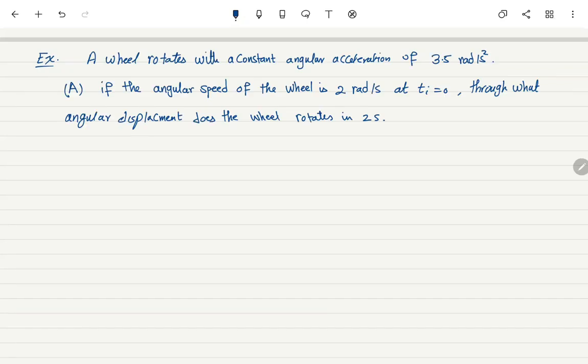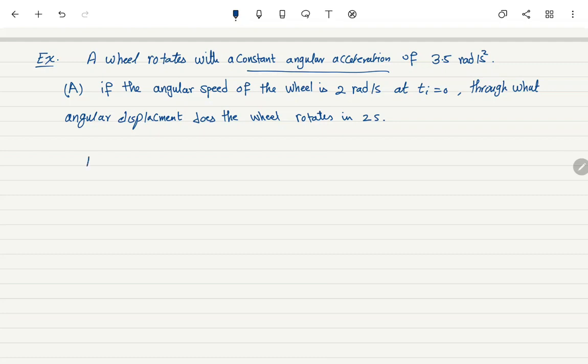Example: a wheel rotates with a constant angular acceleration of 3.5 rad per second square. A, if the angular speed of the wheel is 2 rad per second at t equal to 0, through what angular displacement does the wheel rotate in 2 seconds? Since we have constant angular acceleration, we can use equations of motion for rotational motion.